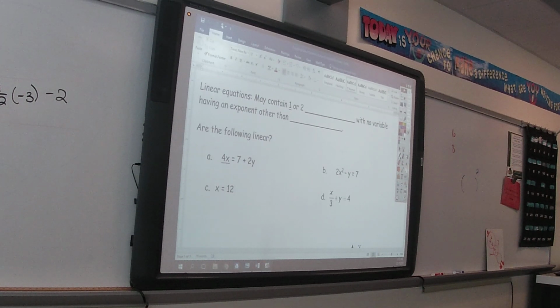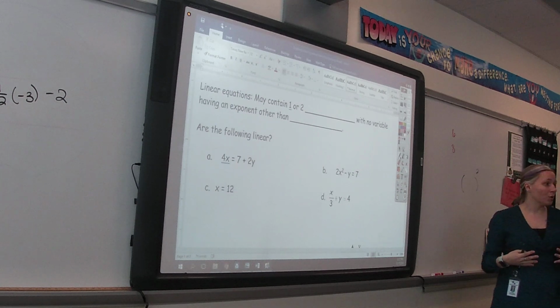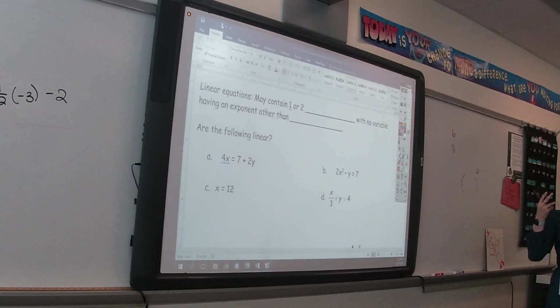So that same idea is what we're going for today. When we have so many numbers that we can't write them all down, what are other ways that we can talk about them, look at them, deal with them? And graphing linear equations is one of them.